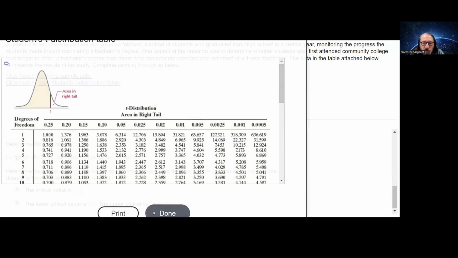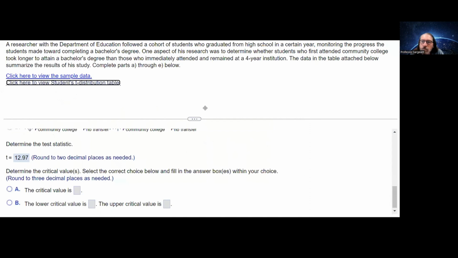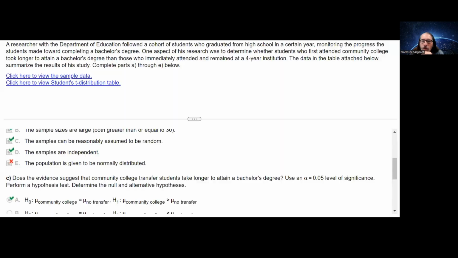They give us a significance level. Okay, scrolling back up, I can see when we were asked what the null and alternative hypotheses were, that we're using the alpha equals 0.05 level of significance.